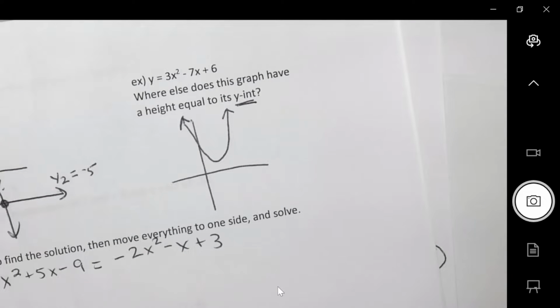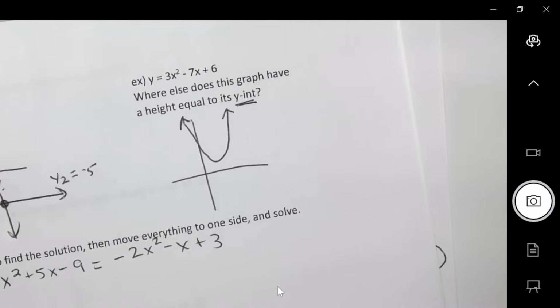So I'm seeing a parabola like that. It's opening up. This one doesn't even have any x-intercepts when I look at it, right? So if I did the quadratic formula, for instance, there would be an error. There would be no solution.